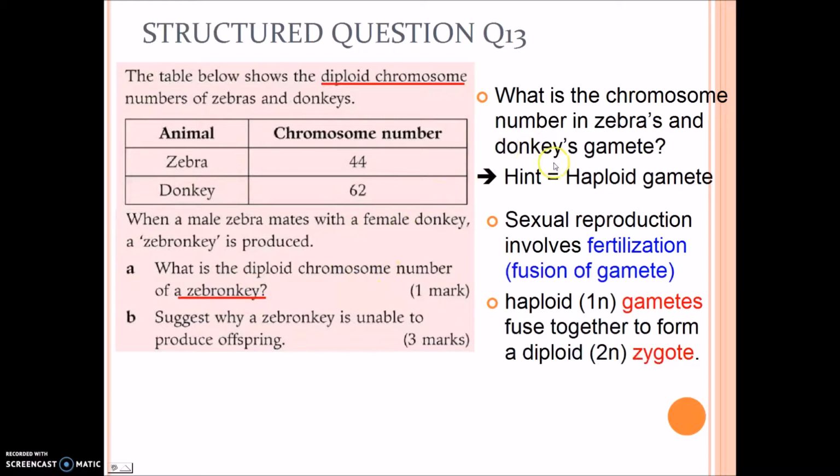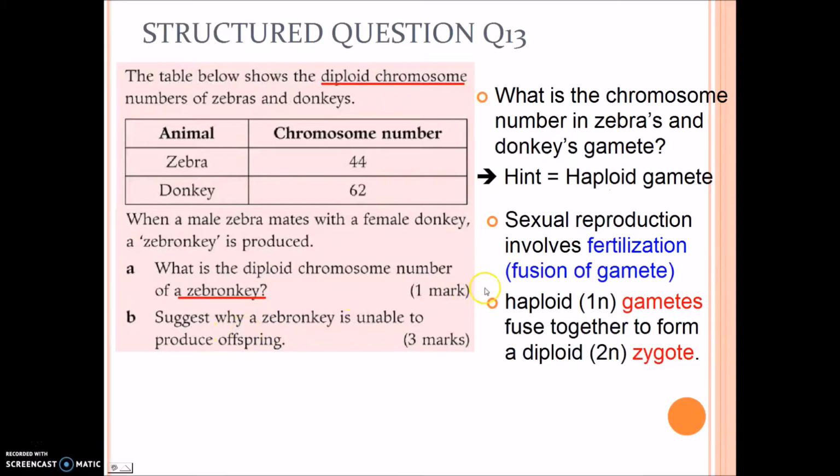For this part, I would like you to tell me the chromosome number in the zebra and the donkey gamete, or the sperm and the egg. The hint is that the gametes are haploid, that means 1N, and this table gave you the diploid chromosome number, 2N of 44 and 2N of 62. So what is the number of chromosomes for a 1N gamete? You must be able to tell me.